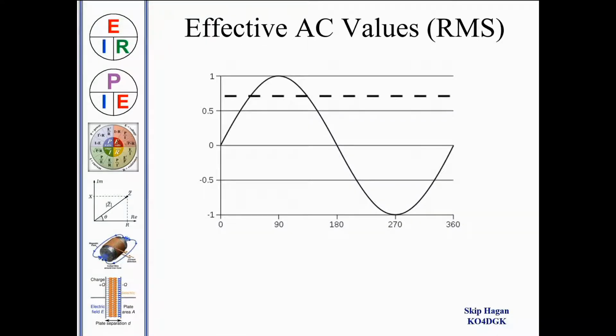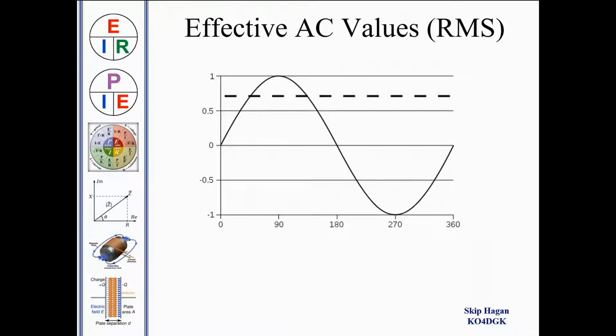The effective AC values, or RMS, is less than the peak shown on an oscilloscope. If this image were of an oscilloscope screen and we were looking at plus or minus 1 volt, then that dashed line would represent the 0.707, or the RMS value.